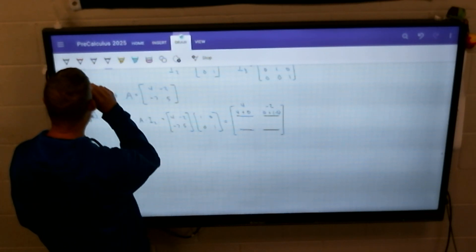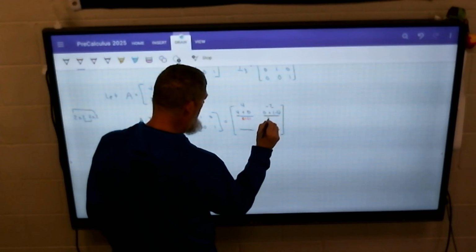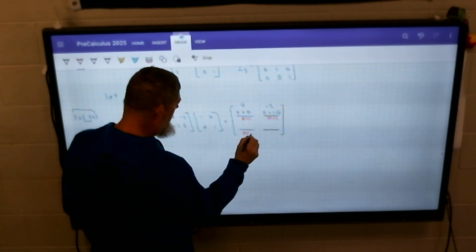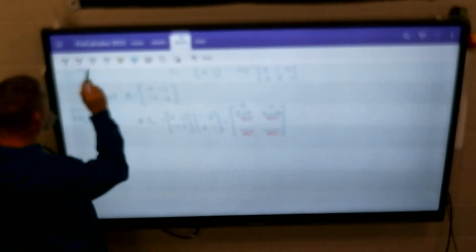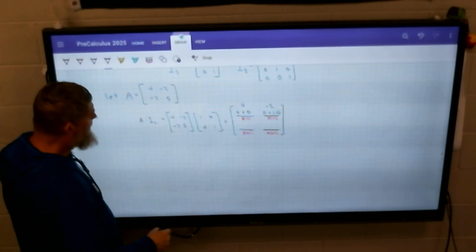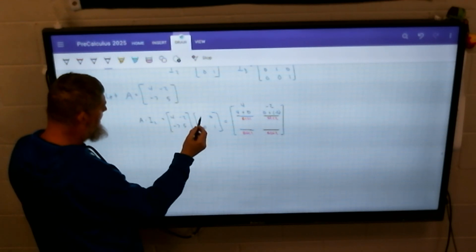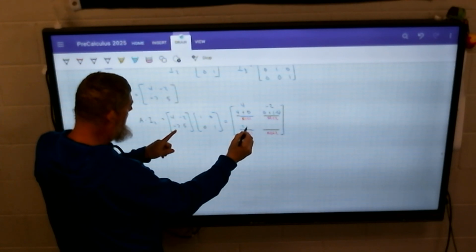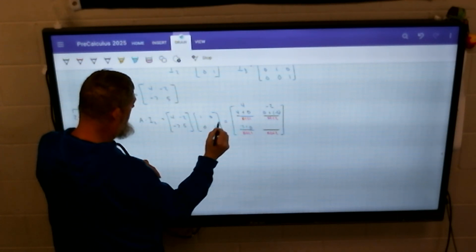If you remember, when we first started, we wrote row 1, column 1, row 1, column 2. This one here is row 2, column 1. So I take row 2, -7, 5 times column 1, 1, 0. So -7 times 1 is -7, plus 5 times 0 is 0, and I get -7.